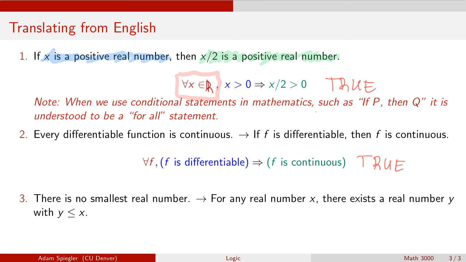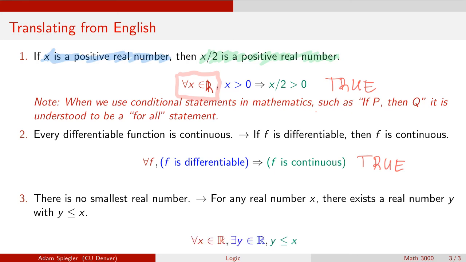For any real number x, there exists a real number y such that y is less than or equal to x, right? Logically, that is saying the same thing as there is no smallest real number. And so now that we've got this written, and you can see we've got for any real number, there exists a real number, it's a little easier now to pair this up with a corresponding statement like this.